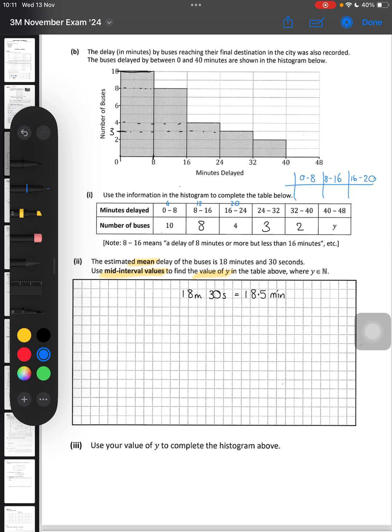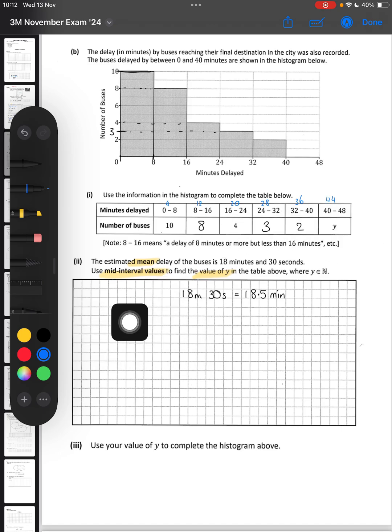The mid-interval values would be 4, 12, and then 18, because they've changed the intervals to being smaller. So do watch out. Don't just say it's 4 more than the smaller amount. It has to be halfway every single time. It just so happens here that all the intervals have a value of 8 between them, so it is always 4 more than the smaller.